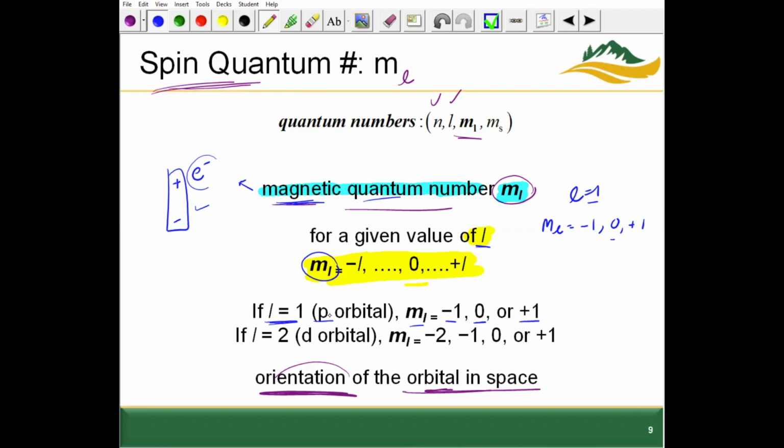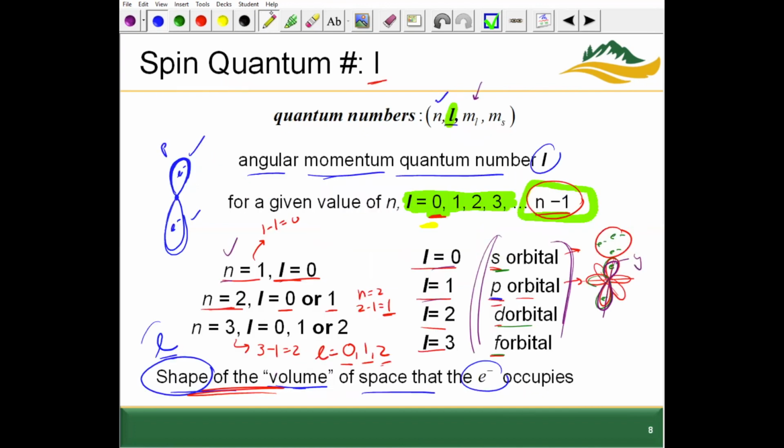How do we know that this is a p-shaped orbital if l is equal to 1? Well, that goes back to this important table here. Something to get very familiar with is that when l is equal to 0, we have an s orbital. l is equal to 1, we have a p orbital. Then l is equal to 2, we have a d-shaped orbital.